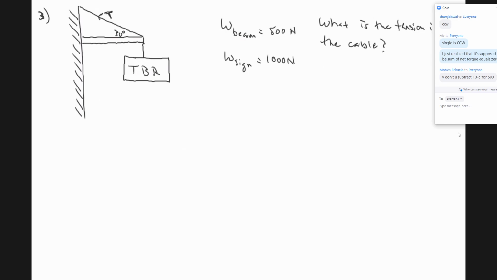The sign is the thing being hung, and the beam is that rod that's holding it there. So weight of the sign is 1,000 newtons, and weight of the beam is 500 newtons. The length of the rod is some length L. It doesn't matter.